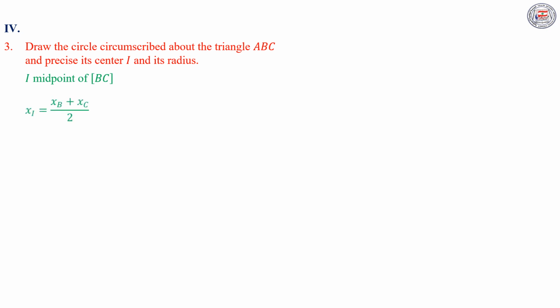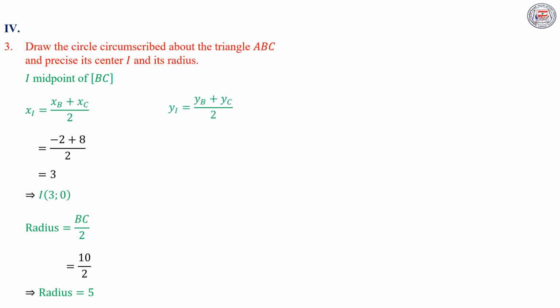Then xI is equal to (xB plus xC) over 2 equals (-2 plus 8) over 2 equals 3. And yI equals (yB plus yC) over 2 equals (0 plus 0) over 2 equals 0. Then the coordinates of I are (3, 0). And the radius is equal to half the hypotenuse.